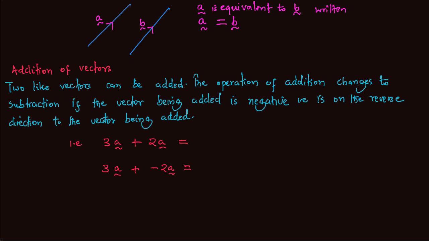Let us look at addition of vectors. Two like vectors can be added. The operation of addition changes to subtraction if the vector being added is negative. And negative here means that the direction has been reversed.